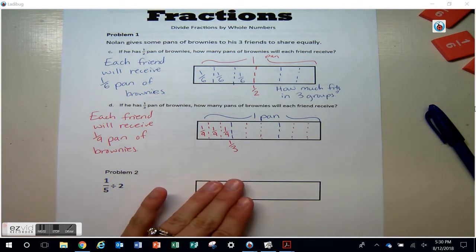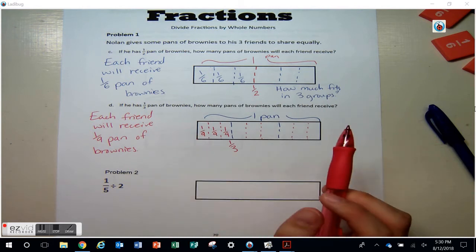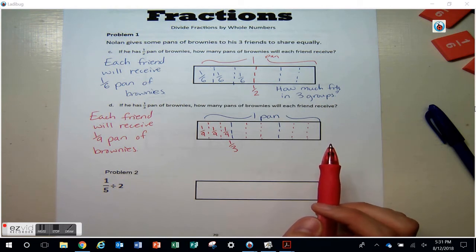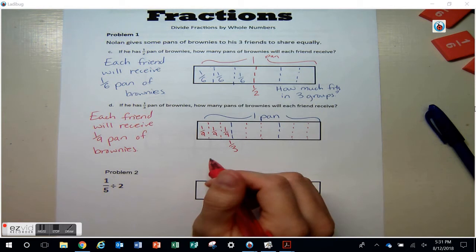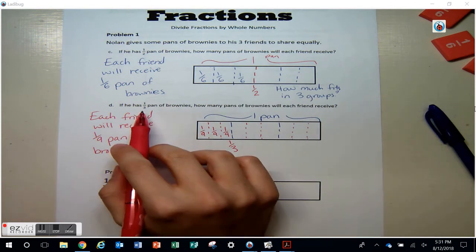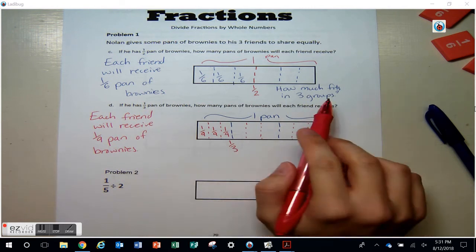These problems are a little different from what we did yesterday. Yesterday we said, how many groups of 1/3 can we make from 2? Today we're saying, if I have 3 groups, how much is in each group if I have 1/3 pan?